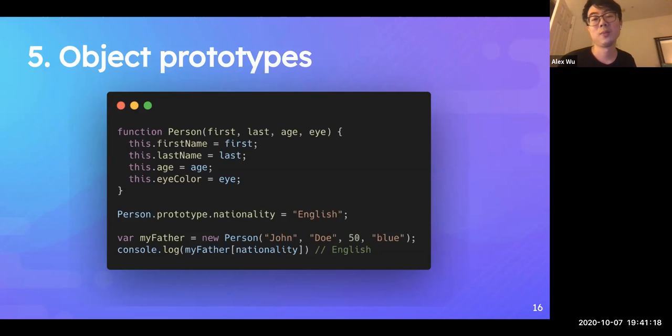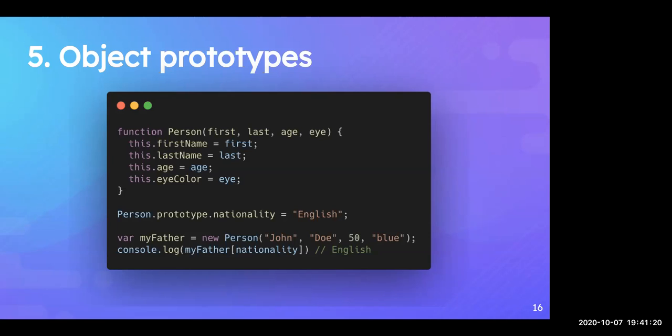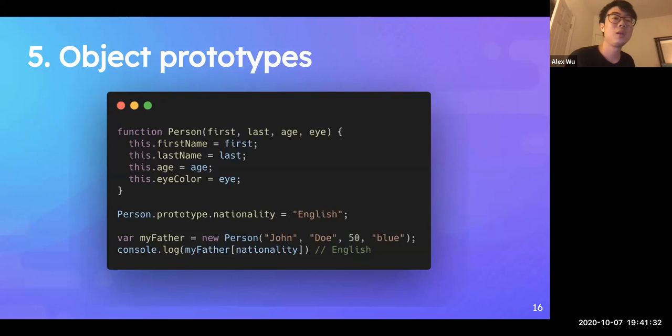When is it advantageous to use prototype, instead of just putting it inside the function, like this.nationality equals your nationality? There's something called class inheritance and also prototype inheritance.